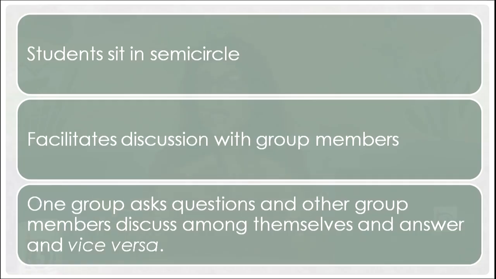This kind of sitting arrangement facilitates discussion within the group members, where they are able to talk amongst themselves, and while they are doing that, they again have some distance from the competitor team. So one group asks a question and the other group members discuss among themselves and then they answer, and the same happens again, and this process is repeated.